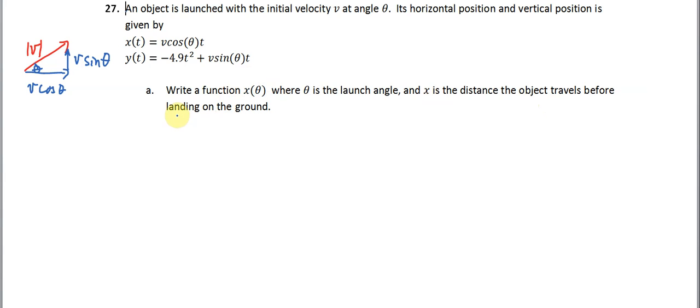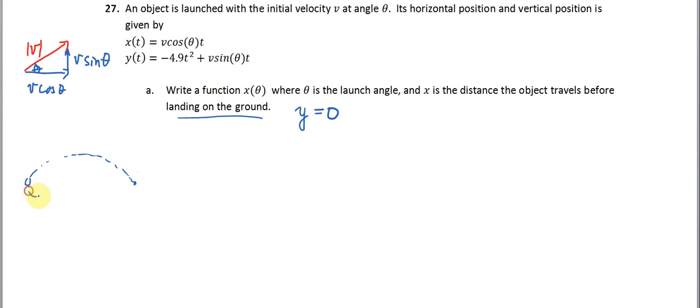So if we're talking about landing on the ground, that means that y must be equal to 0. Maybe I should try to illustrate this with an example as well. So let's say you have a generic object that's launched, right? And it's going to take some sort of path, and then eventually it's going to land on the ground again.